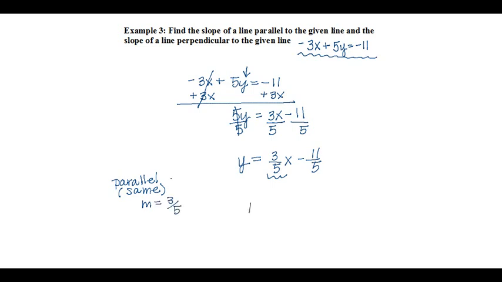If we're dealing with perpendicular, we want the opposite reciprocal. The opposite of a positive 3/5 is going to be negative for our m, and then reciprocal means flip, so if we flip 3/5, we're left with 5/3. Very good.